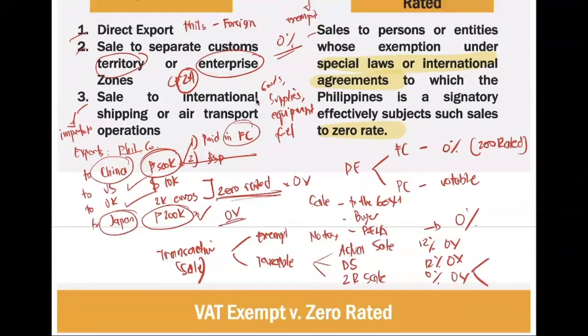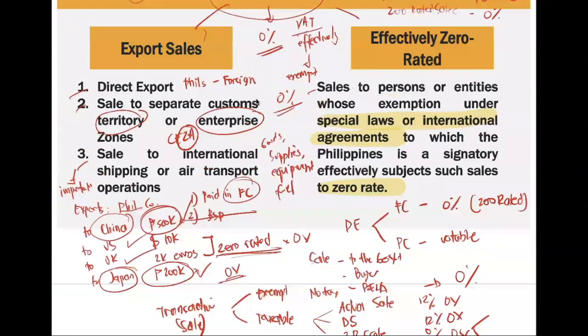We have only two zero rated sales, export sales and effectively zero rated. So you look into the sale, guys: is it a direct export, is it to a particular ecozone or an air transport operation as to your equipment or fuels, or is the organization to which you sold the goods subject to international agreement or special laws? What are those again? International Rice Research Institute, embassies, Red Cross, UN, WHO, UNICEF, anything that we have international agreements with. Okay? Effectively zero rated.